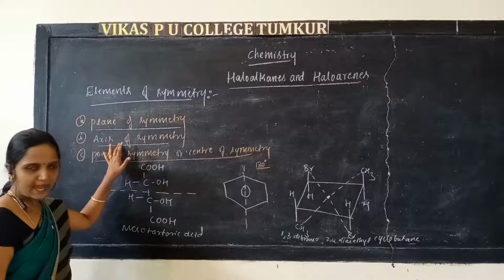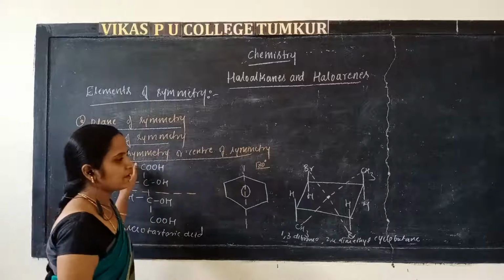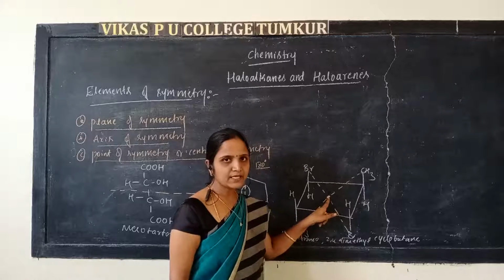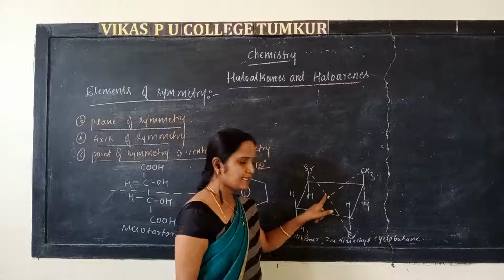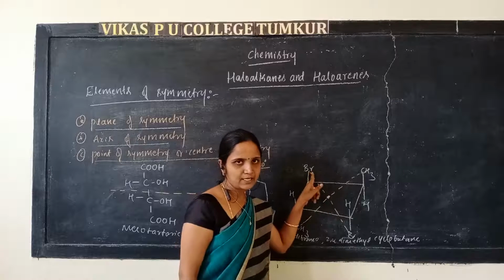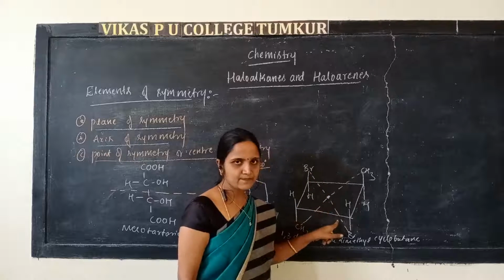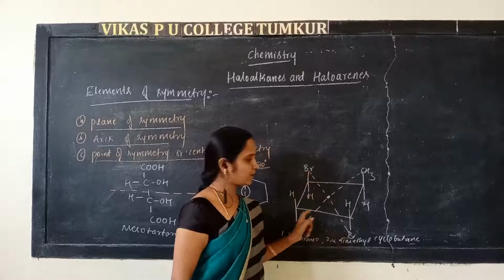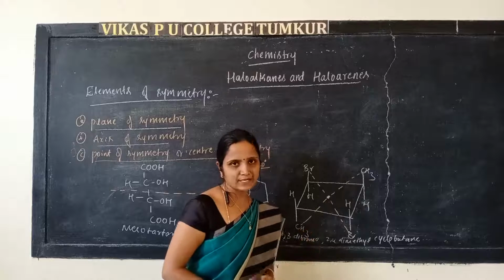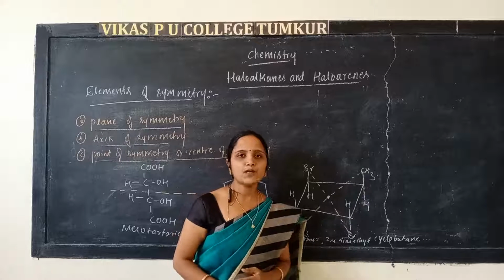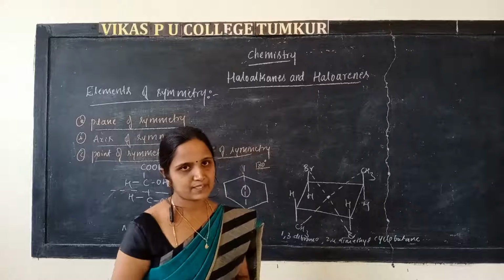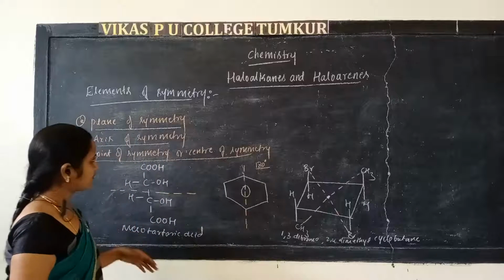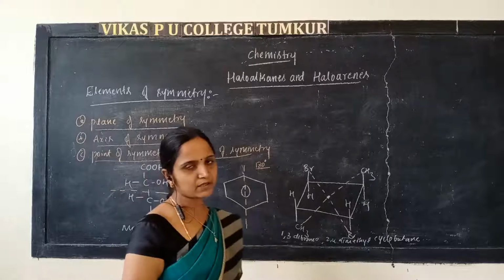The point of symmetry means from a point in the molecule, a line drawn in any direction and the opposite direction encounters the same group of atoms. This is about the plane, axis and point of symmetry.